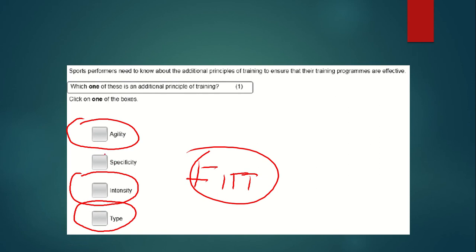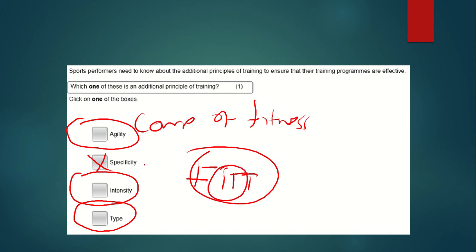So the answer has to be, apologies for my pronunciation, specificity. That leaves one option, so you can see how straight away you can work out an answer by process of elimination.